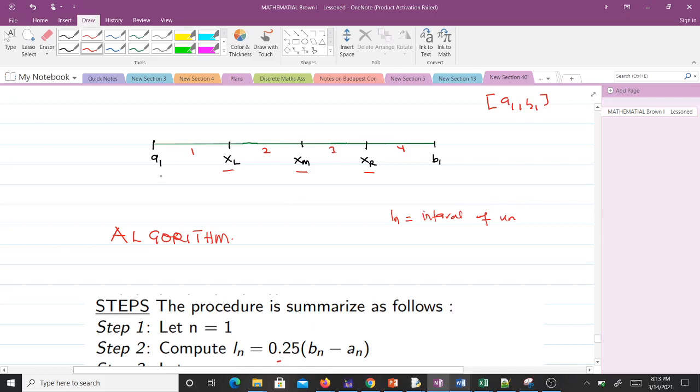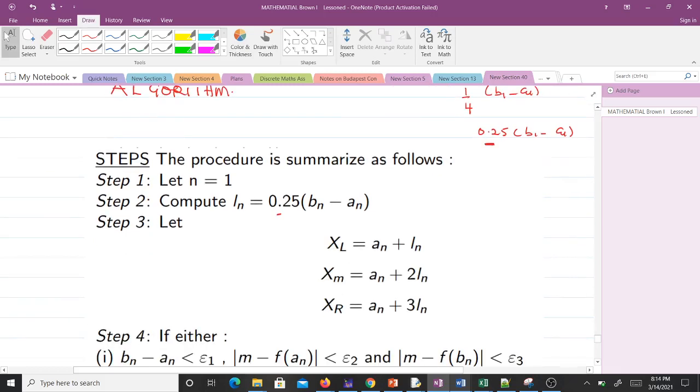We have a1 and b1, so to find the length between the points in the interval, it is (b1 minus a1) over the number of equal parts, which is 1, 2, 3, 4, so over 4. This is the same as 1 over 4 times (b1 minus a1), and 1 over 4 is the same as 0.25 times (b1 minus a1). That's the reason why when finding our length, we always have 0.25 multiplying (bn minus an).